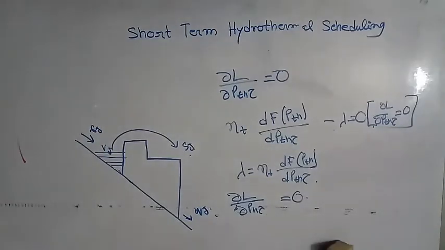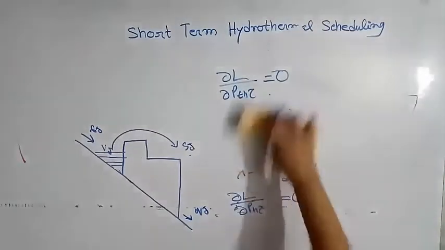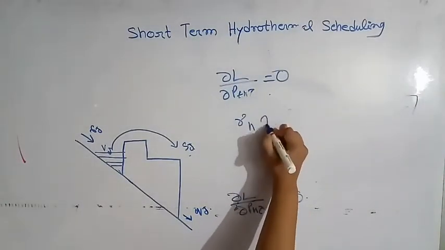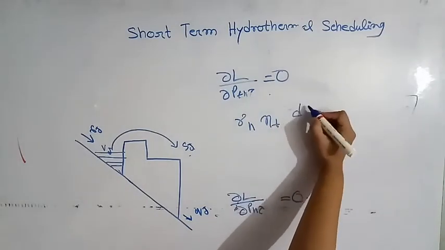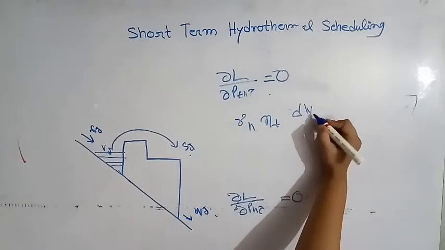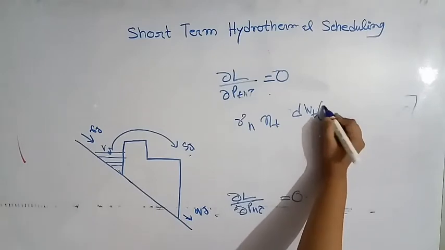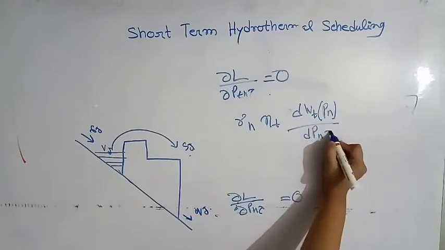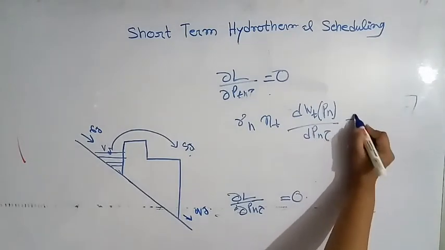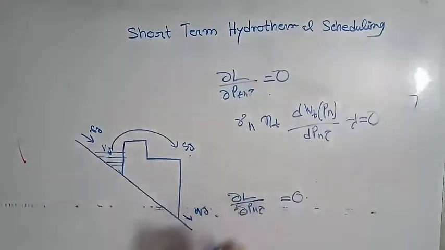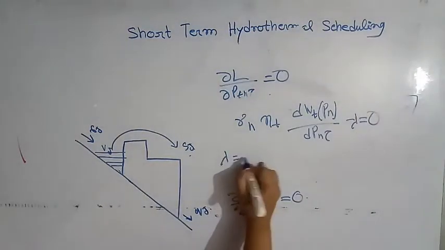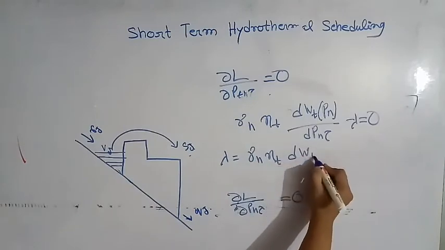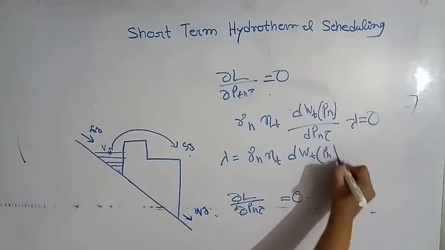That is, on solving this, we get gamma h nt derivative wt pH by dpH tau minus lambda is equal to 0. So from here lambda is equal to gamma h nt derivative wt by dpH tau.